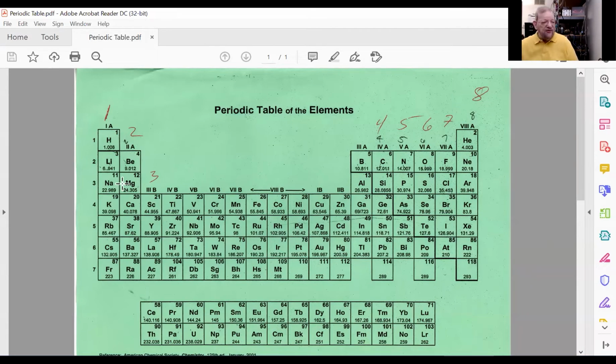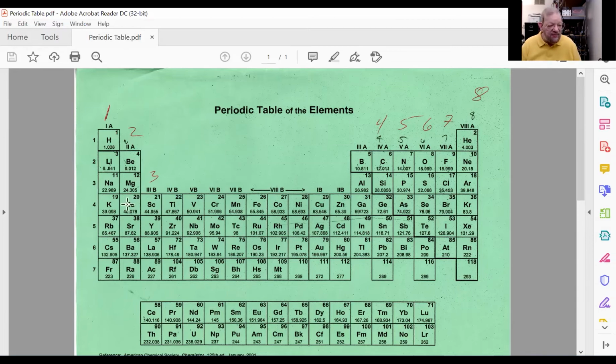But you can go to a balance and weigh it out. Remember, on test one, it'll be true on test two, use all atomic weights to three significant figures, so round them off, and that'd be 23.0. So if I wanted a mole of sodium, I would just have to weigh out 23.0 grams.